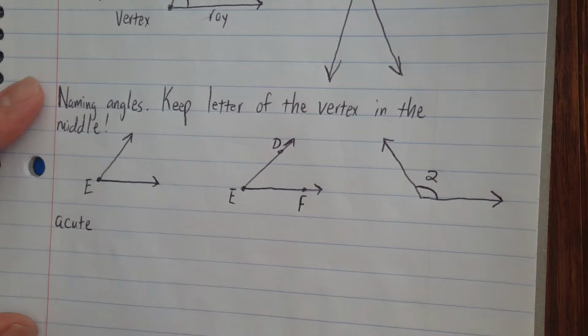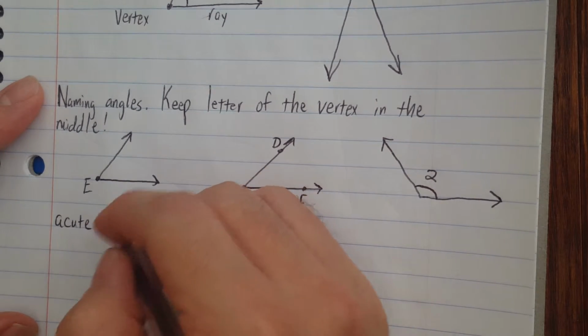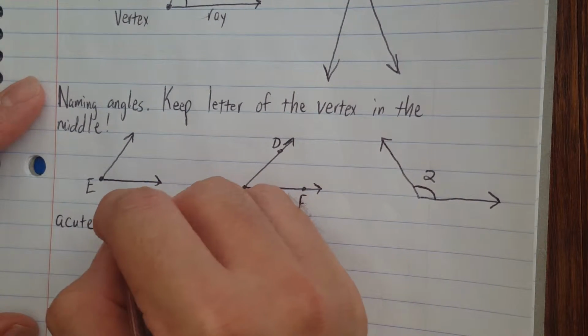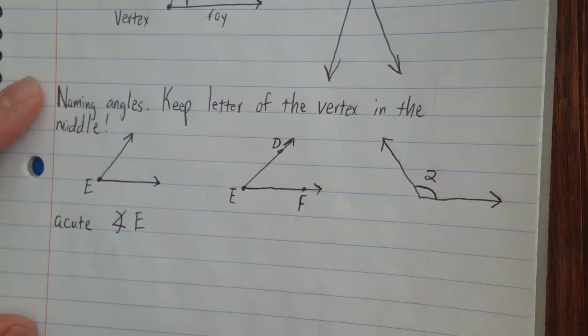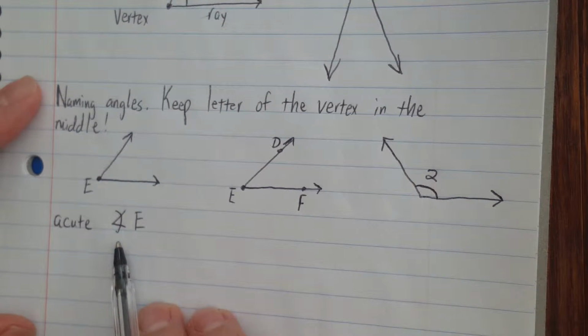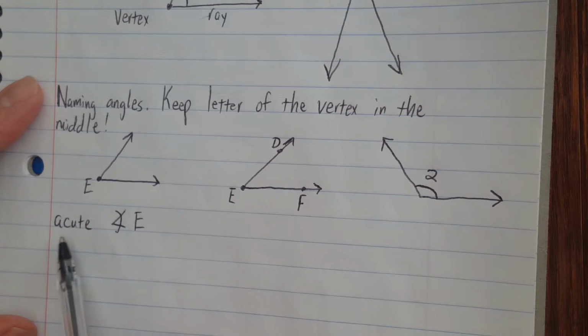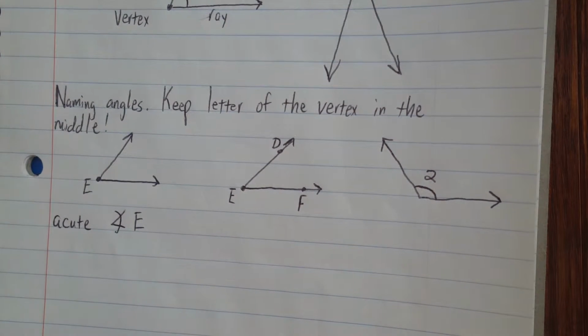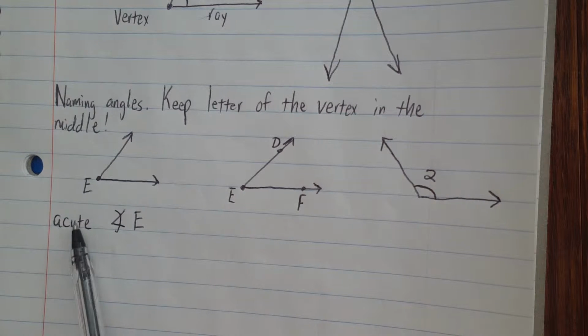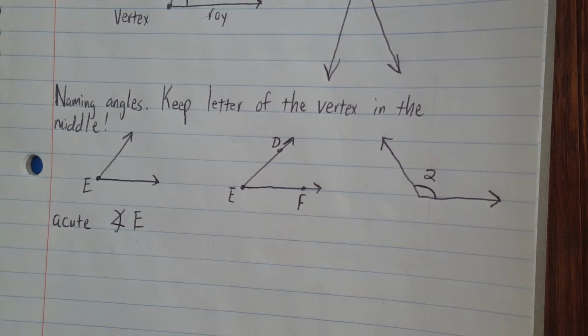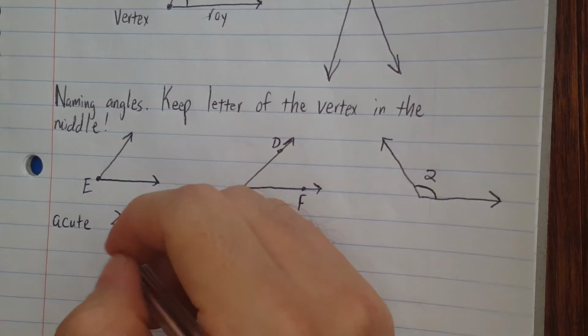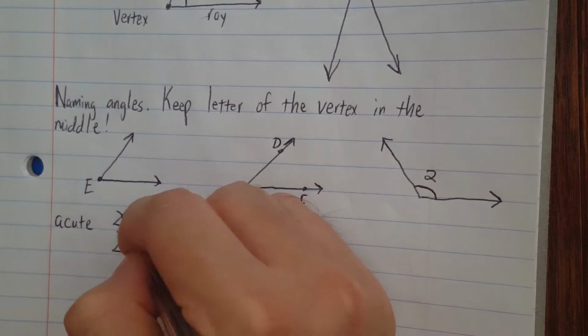The vertex is given by point E, so I can just say that this is angle E. This symbol here is one possible symbol that you could see to represent the word angle. So literally this sentence is a combination of English and math, where it says acute angle E. Another way that you could have seen it is with just that symbol right there.